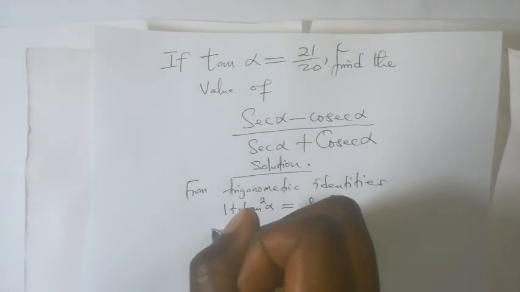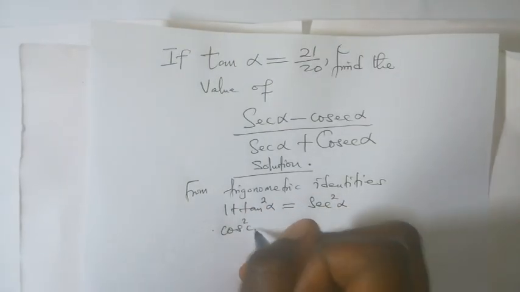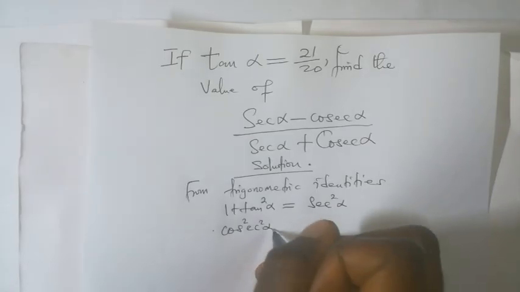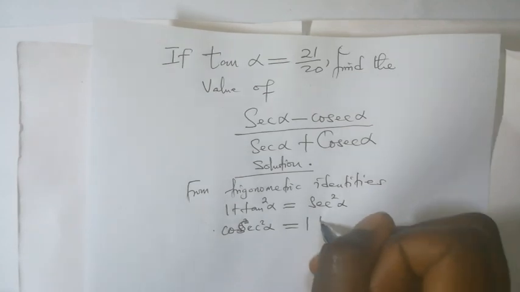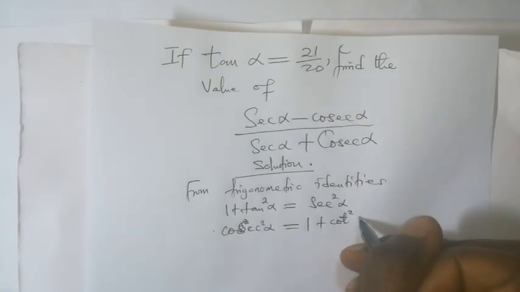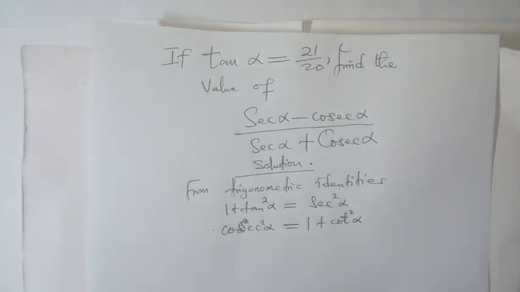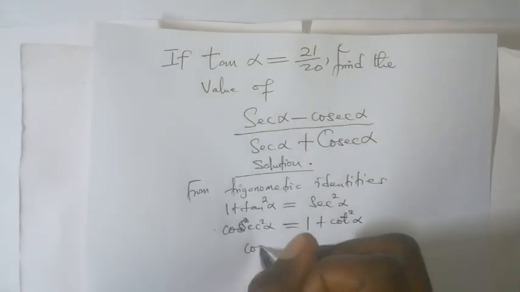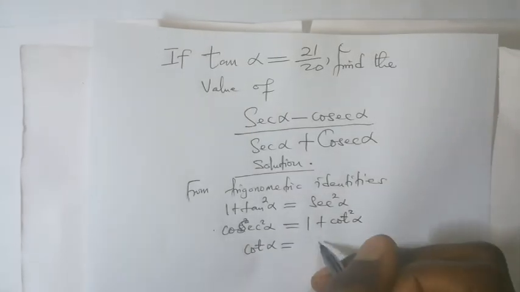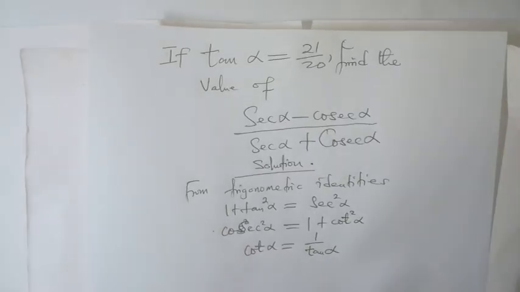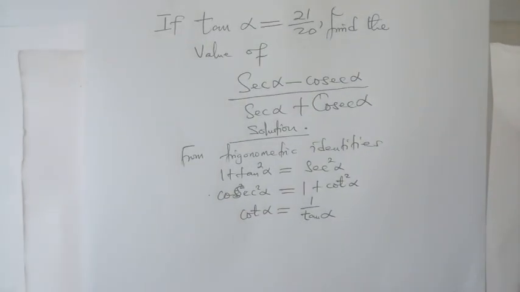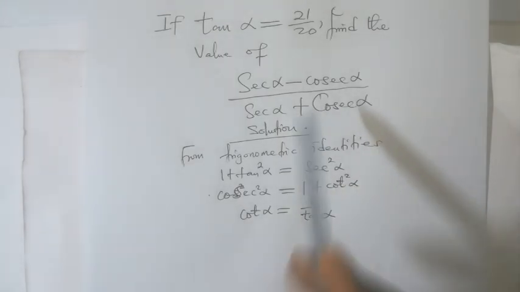And we also know that cosec square alpha is equal to 1 plus cot square alpha, and also cot alpha is equal to 1 over tan alpha. These are known trigonometric identities that we are going to use here.